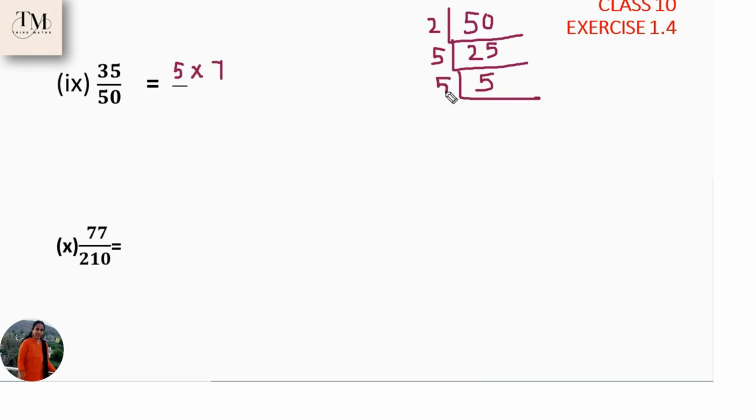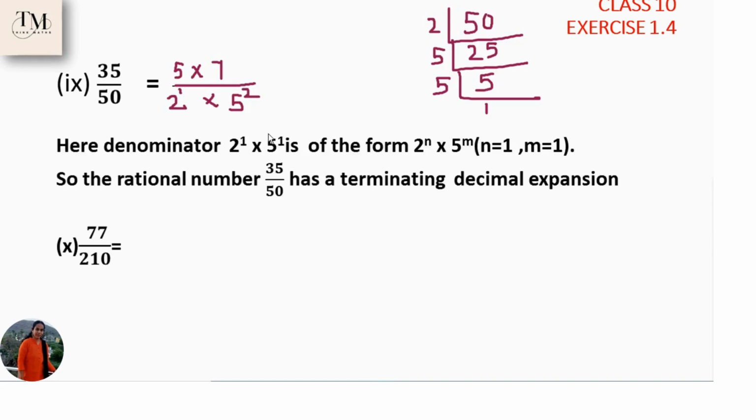So denominator can be written as 2 to the power 1 into 5 to the power 2. So this is of the form 2 power n into 5 power m, and n takes the value 1 and m takes the value 2. So the rational number 35 by 50 has a terminating decimal expansion.